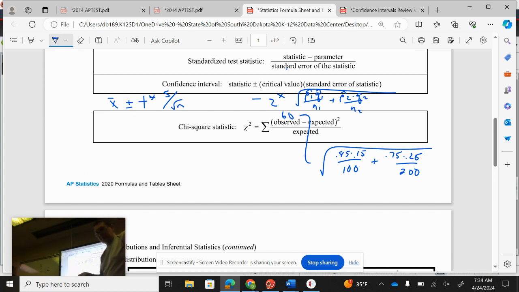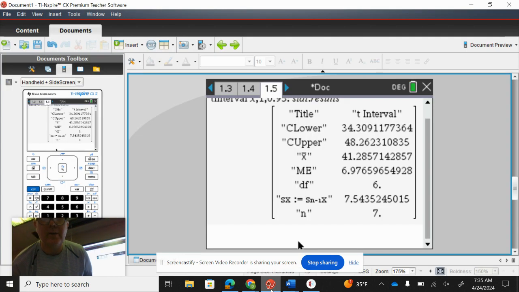If we're doing this one, a lot of those things show up on the calculator after 41.28. The t star, we had that earlier. It was the 2.44 that I wrote on there, and then times s, which is 7.54, divided by the square root of 7.